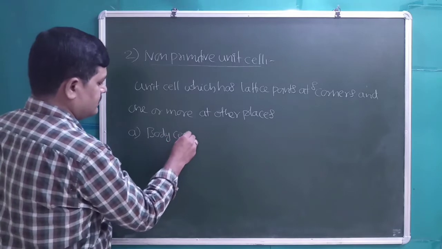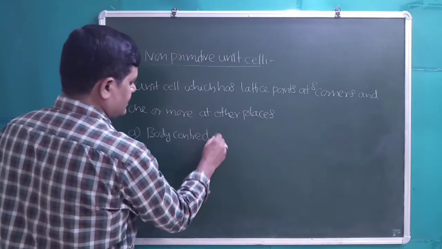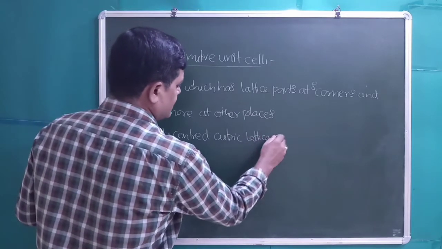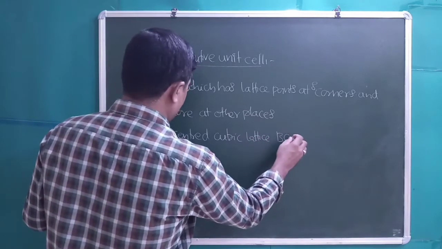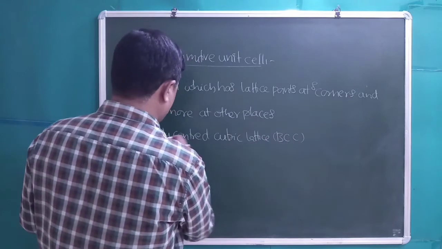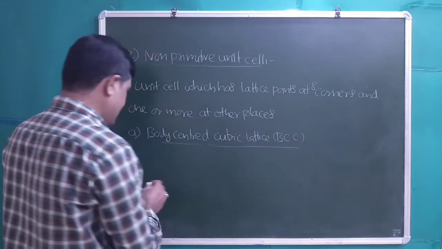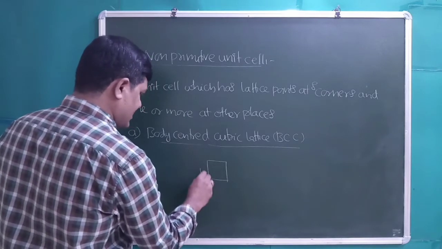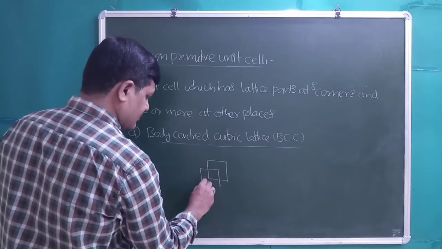For example, take the BCC unit cell, body centered cubic lattice, which is indicated by BCC in shortcut. In this case, lattice points are present at all the corners.